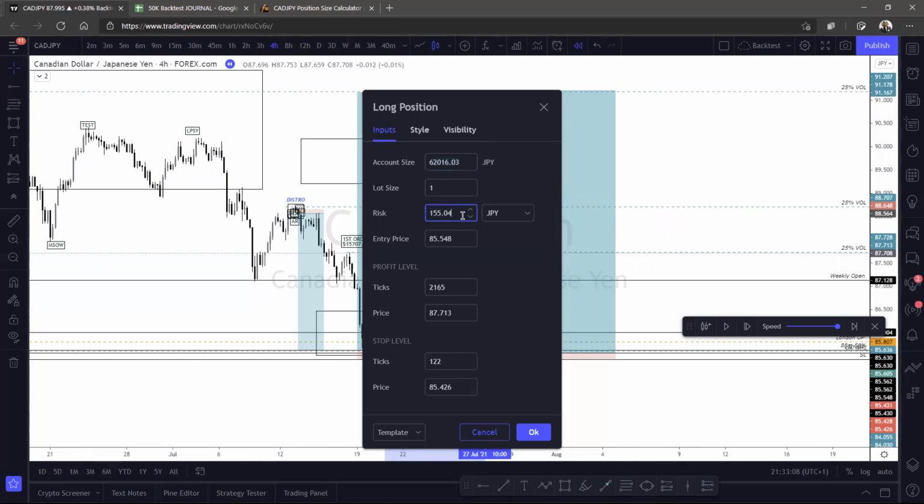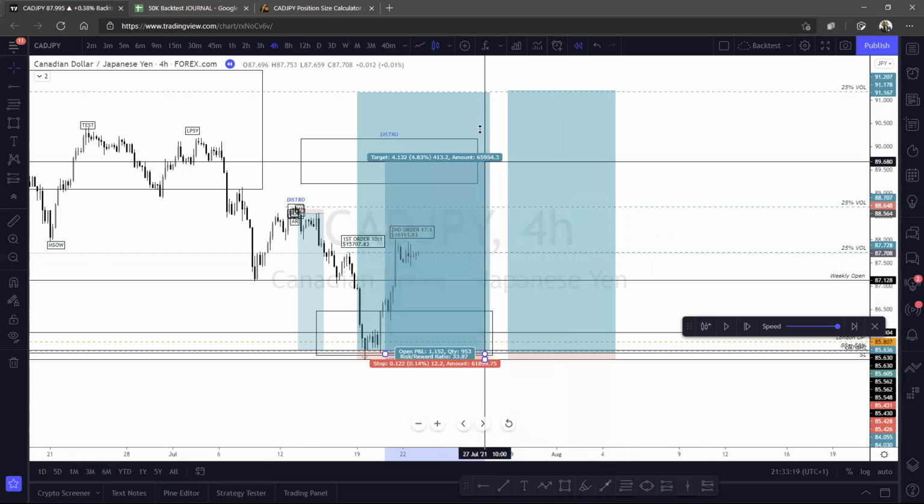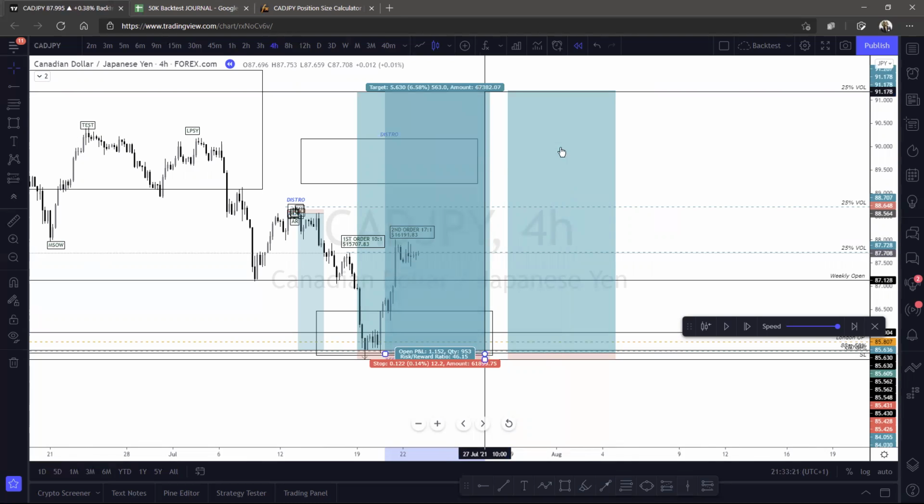Remaining of 2 pages. Okay, that's what we have remaining to go up to here.